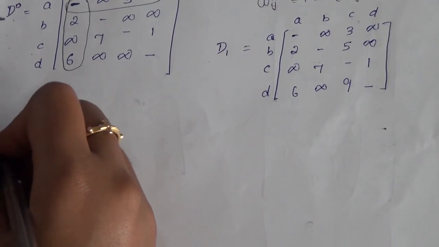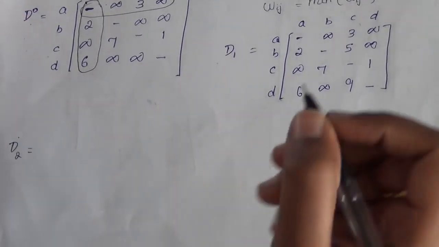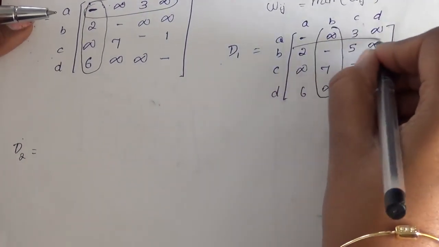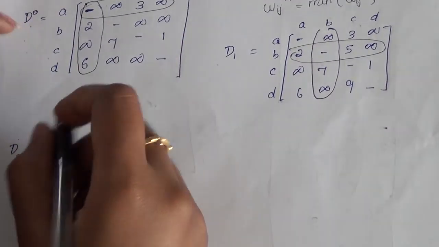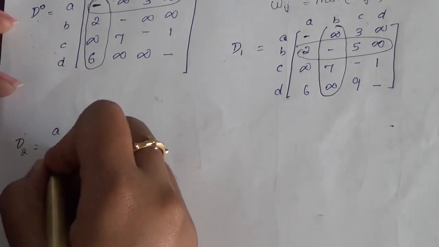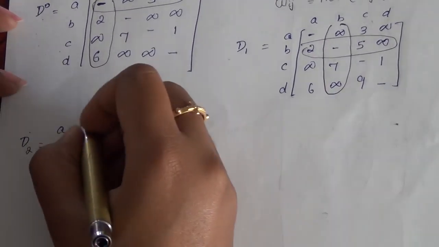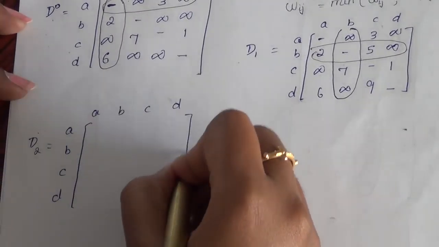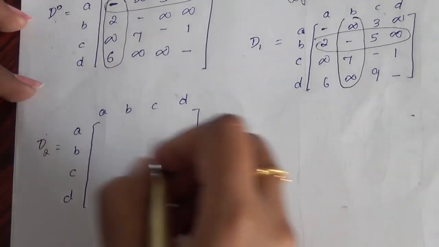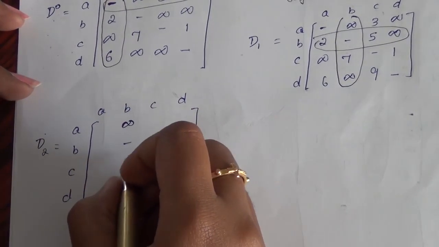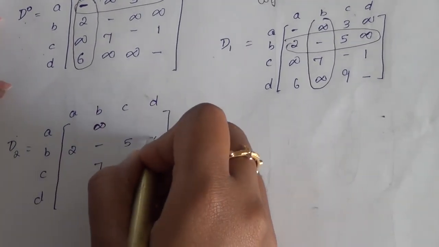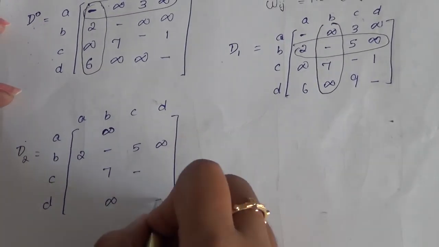For the construction of the D2 matrix, I will be selecting the second row and the second column. Now the second row and the second column will remain untouched, and the hyphens also.